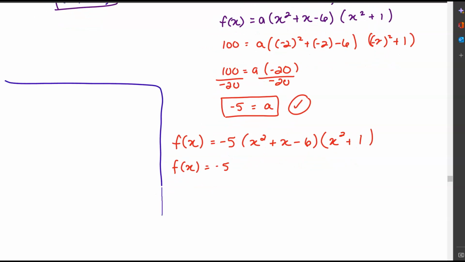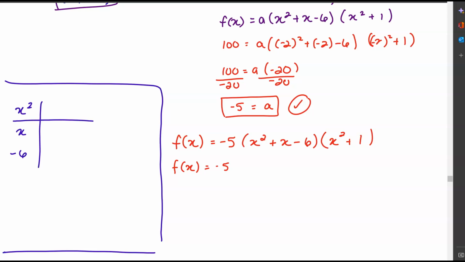As a side note and side work, just to see this multiplication work out, you'll see some people write it out this way. They'll say x squared, x, and then -6, and then they'll have x squared and 1.